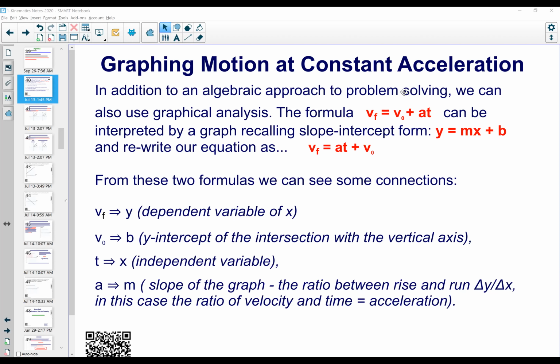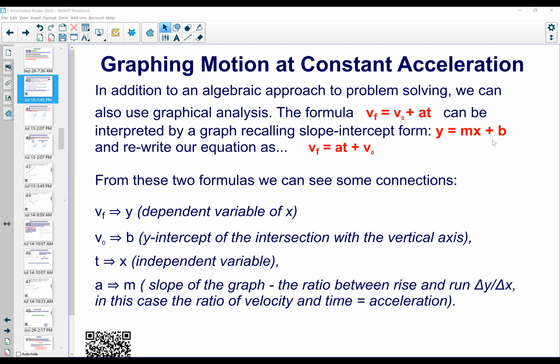And so this is something you'll be doing frequently. You can see the relationship here if we have VVAT as our formula and y = mx + b as our desired slope-intercept form. If we just flip-flop the at and the v0, it's in the exact same pattern as slope-intercept form, where the vf lines up with the y. So if we put the velocity on the y-axis, it should be the y variable.